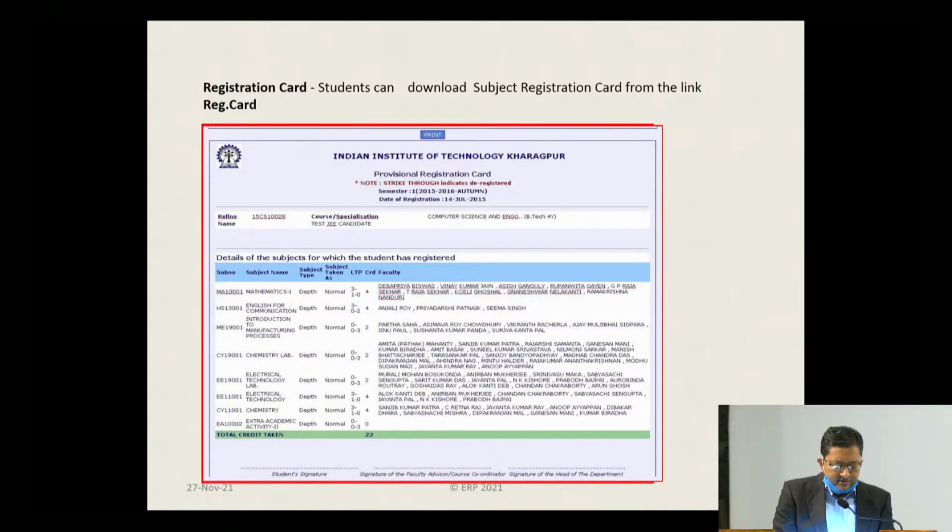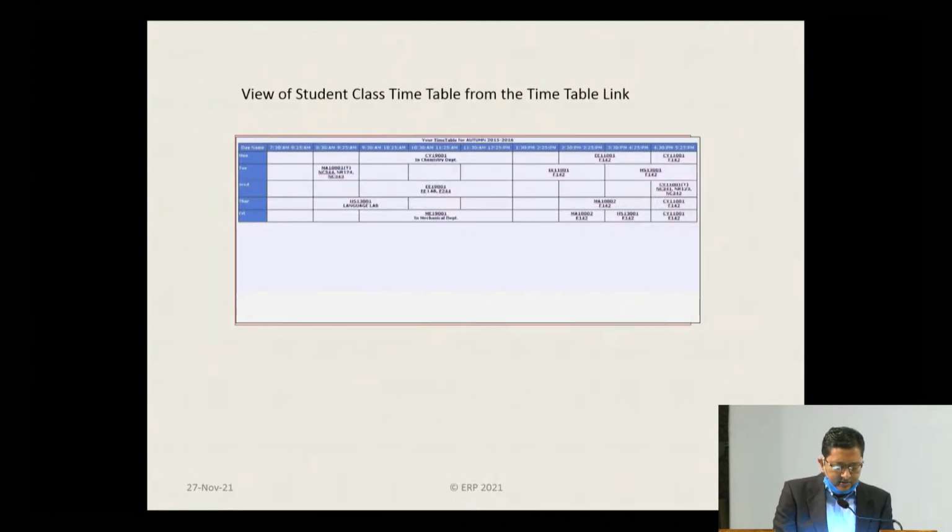Here you find lots of names associated with these courses, because the students registered for these courses are partitioned into a number of sections, and these faculty members handle specific sections. So all their names are listed together over here.